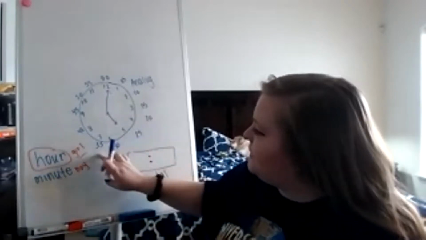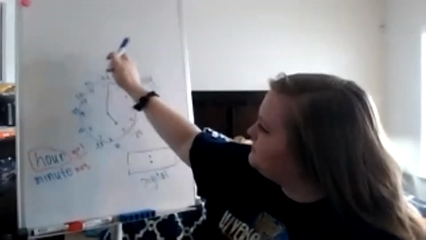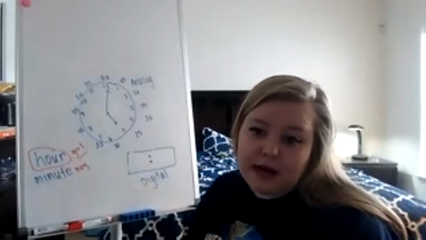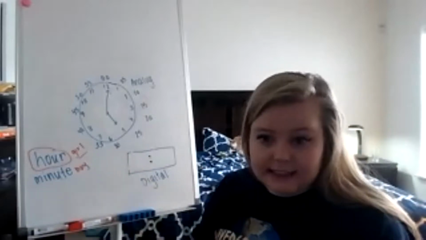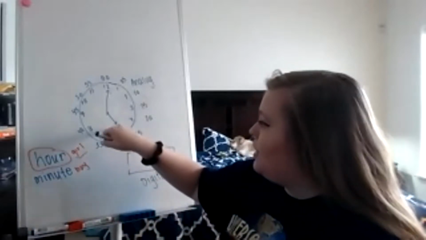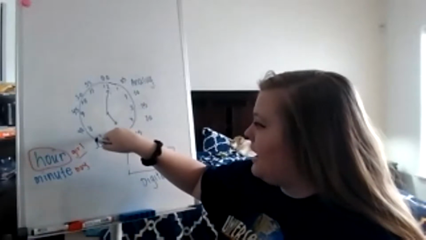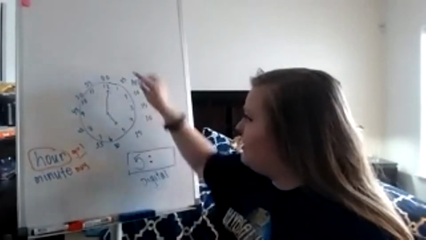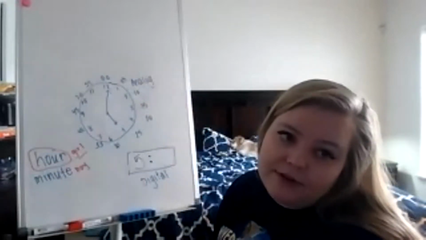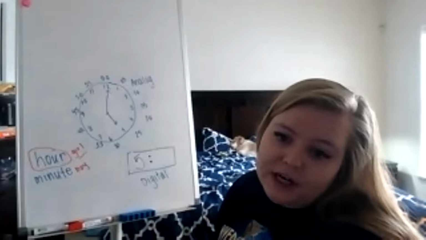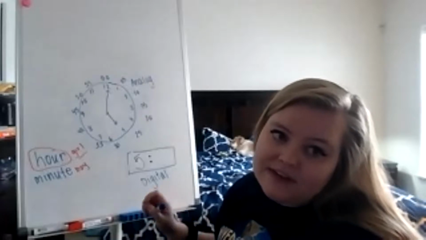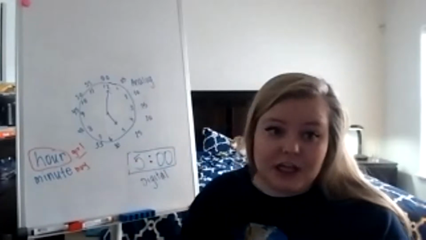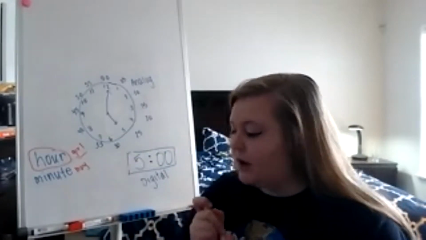These are only for our minutes. So our hour hand is the shorter hand. It's the girl hand. We let ladies go first to be polite. So I read this first. 5. How many minutes do I have? It's pointed straight up at the 12. It is 5 o'clock because I have no minutes yet. It just entered the 5 o'clock hour.